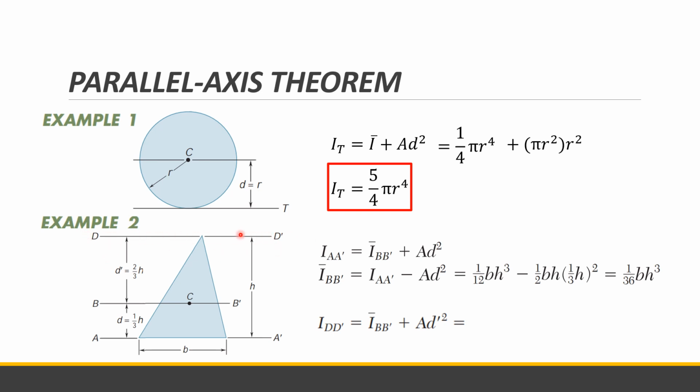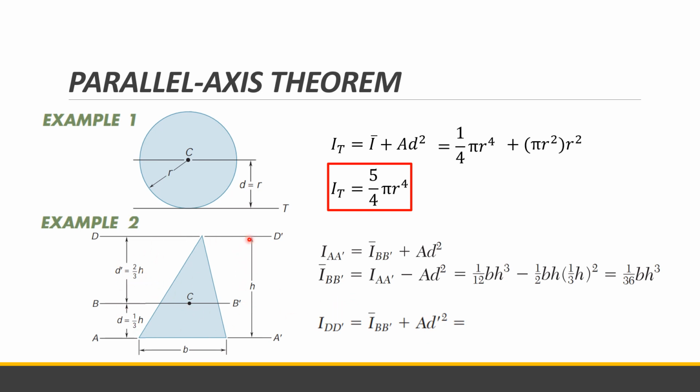We are to determine the moment of inertia with respect to this axis. We have now solved the centroidal moment of inertia, so magiging plus A d prime squared. The distance between the axes is d prime, which is 2/3 h.